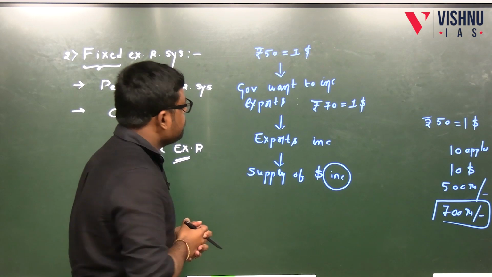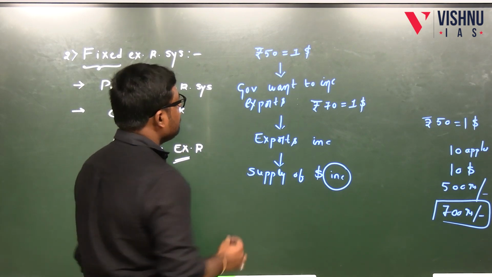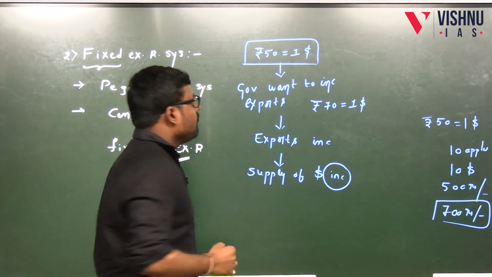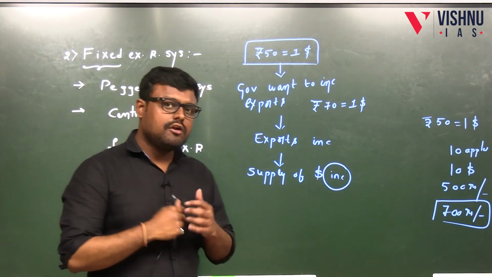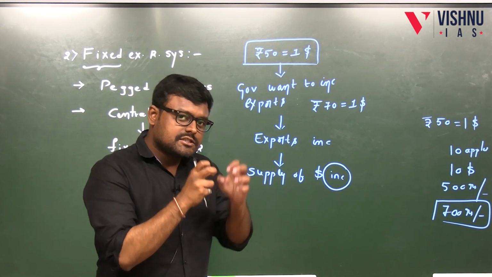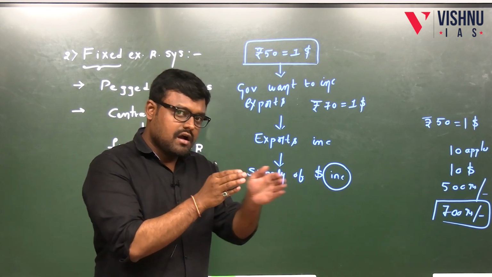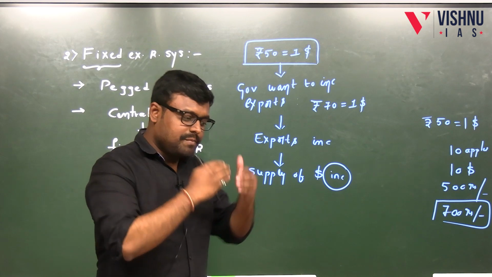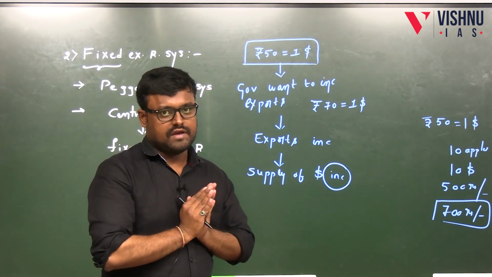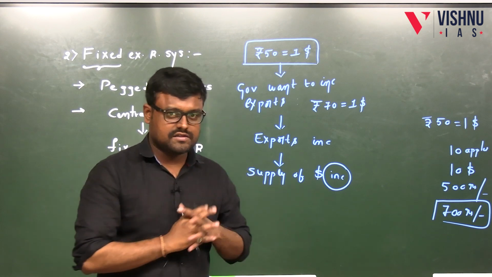Students, see here, initially 50 rupees is equal to $1, the demand for the dollars and the supply of the dollars both are equal, and rupees 50 is equal to $1, everything is fine. But now a disturbance is caused.